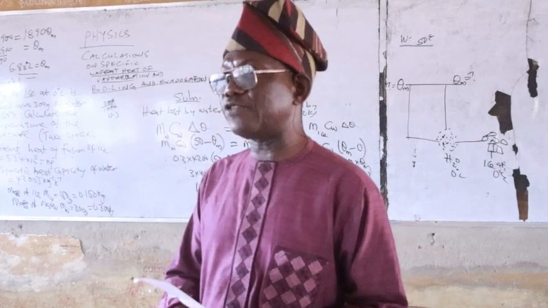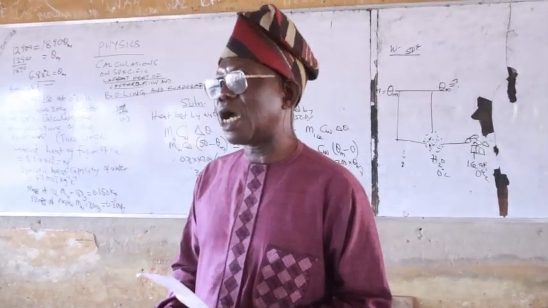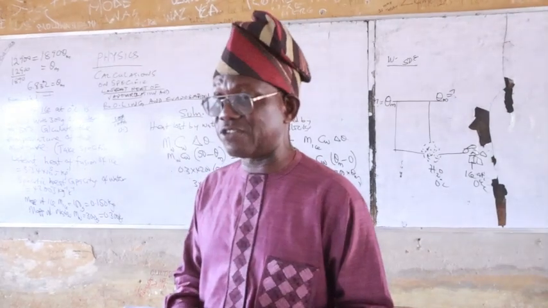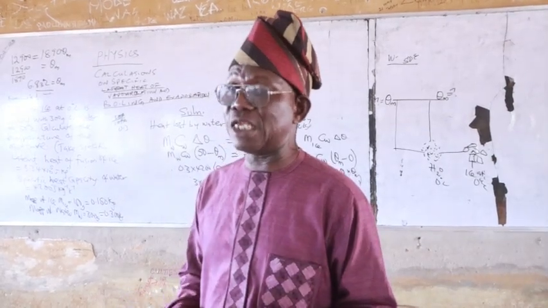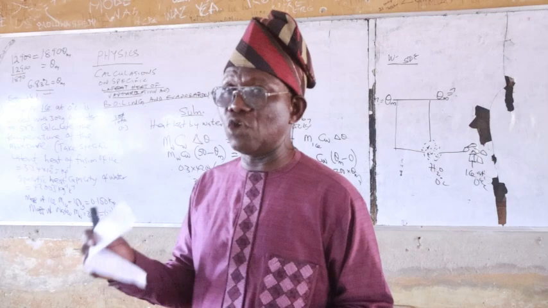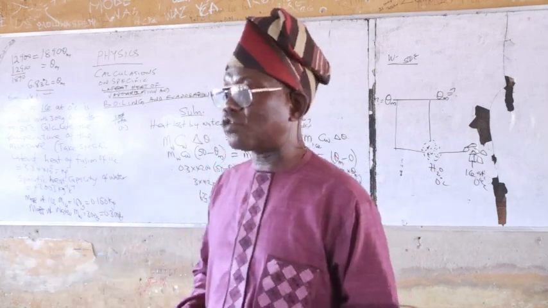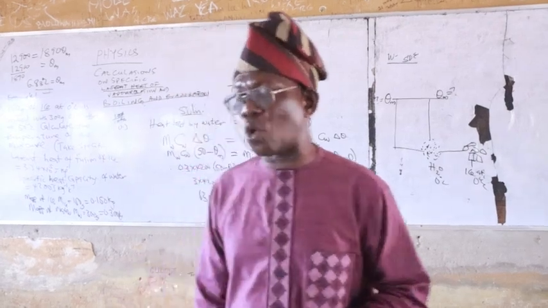Solve this against next class. All these questions are taken from New School Physics. In case you miss any, search for them in New School Physics. There's another one I've written out. Next class, we are going to do that one as class work here.